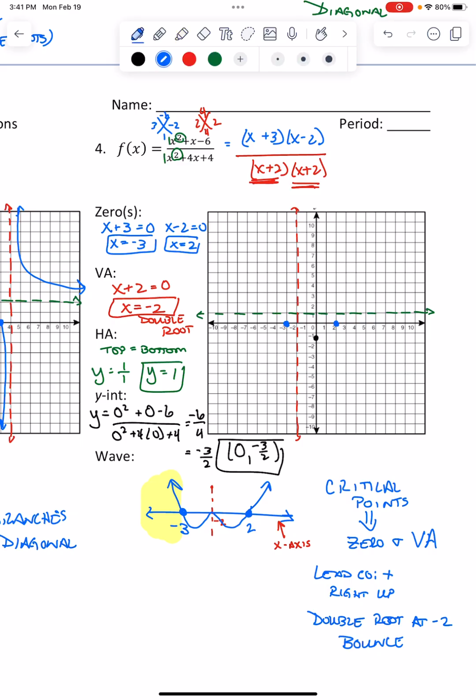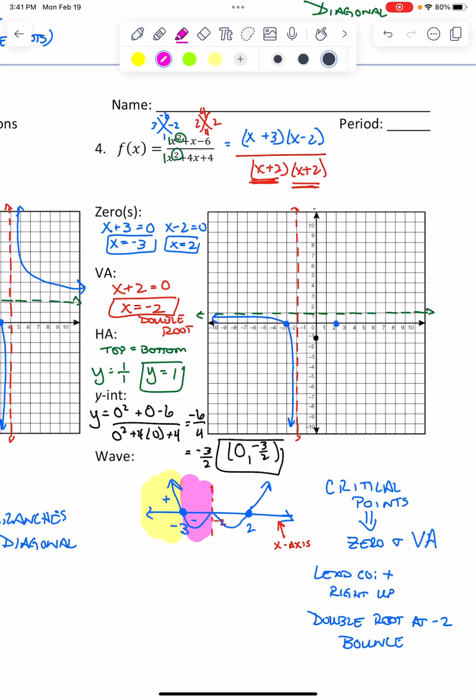So that means over here, when we're to the left of -3, we should be above the x-axis, okay? If we look at between these two, we should be negative, right? Here we were positive, here we're negative. So we're between -3 and -2. So between that 0 and that vertical asymptote, we should be below the x-axis, down there.